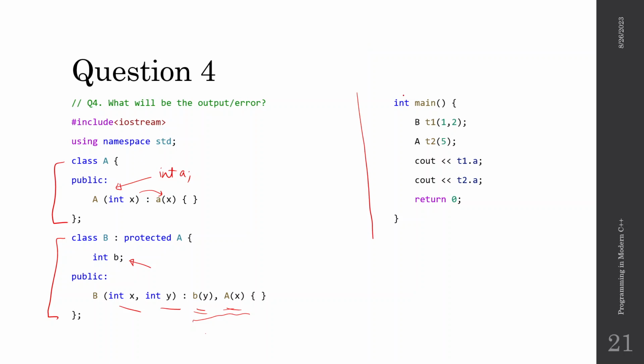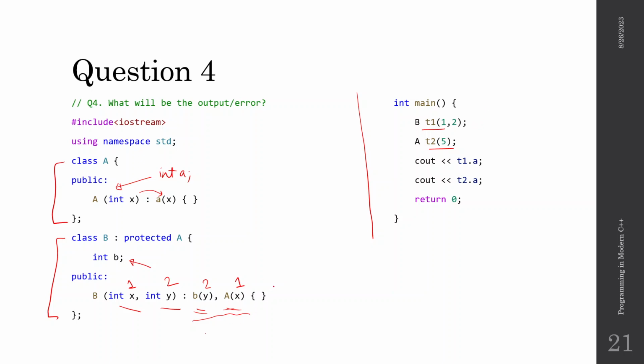Now we come to the main function. In the main function, we create two objects t1 and t2. We initialize t1 with 1 comma 2. So your 1 goes here and 2 goes here, so accordingly this will initialize as follows.